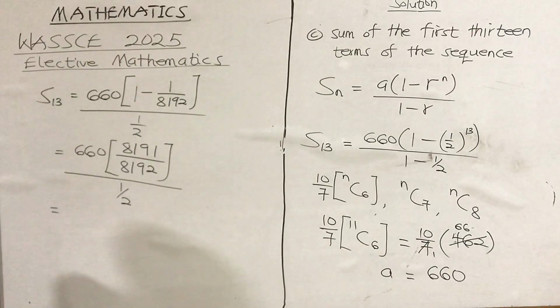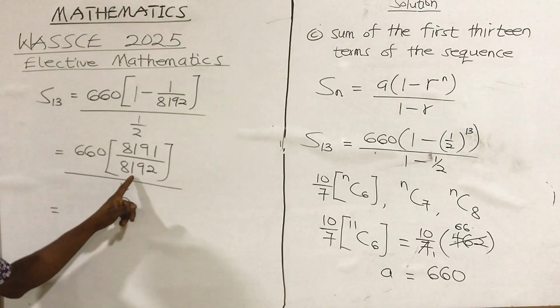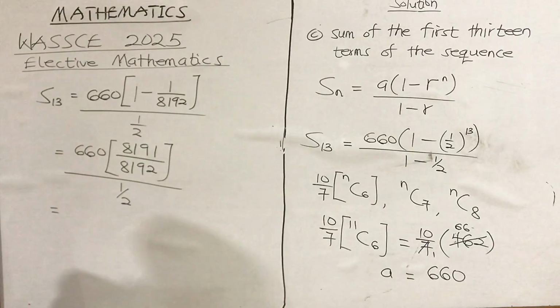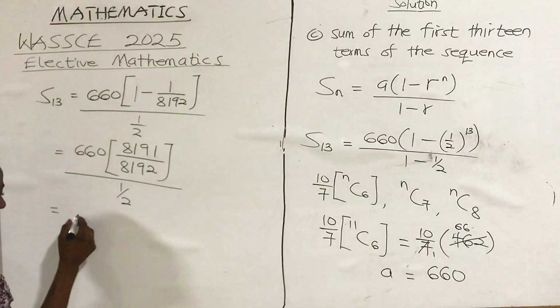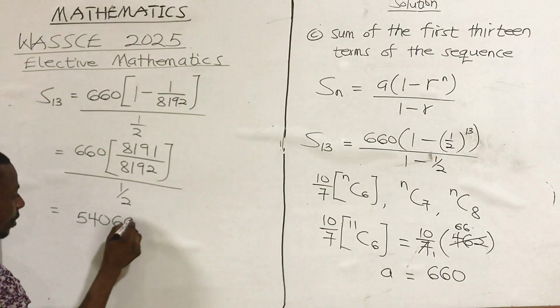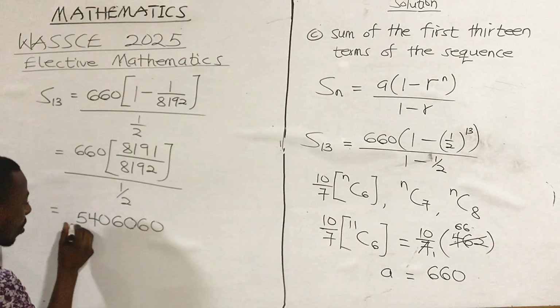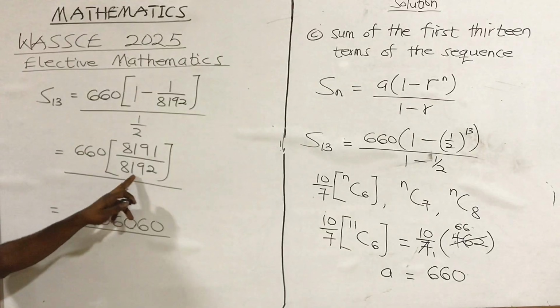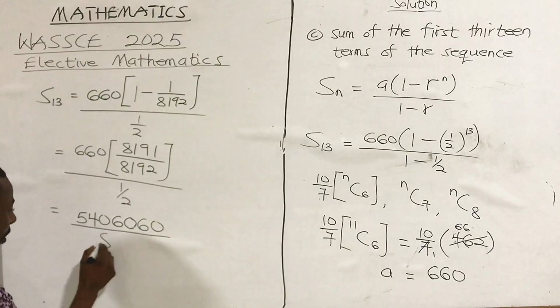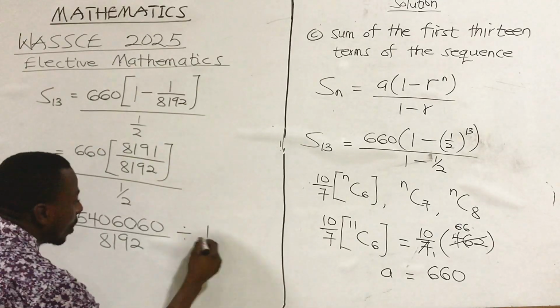So 660 multiplying 8191 all over 8192. What did you get from your calculator? So we are going to get 5406060 all over 8192, divided by 1 over 2.